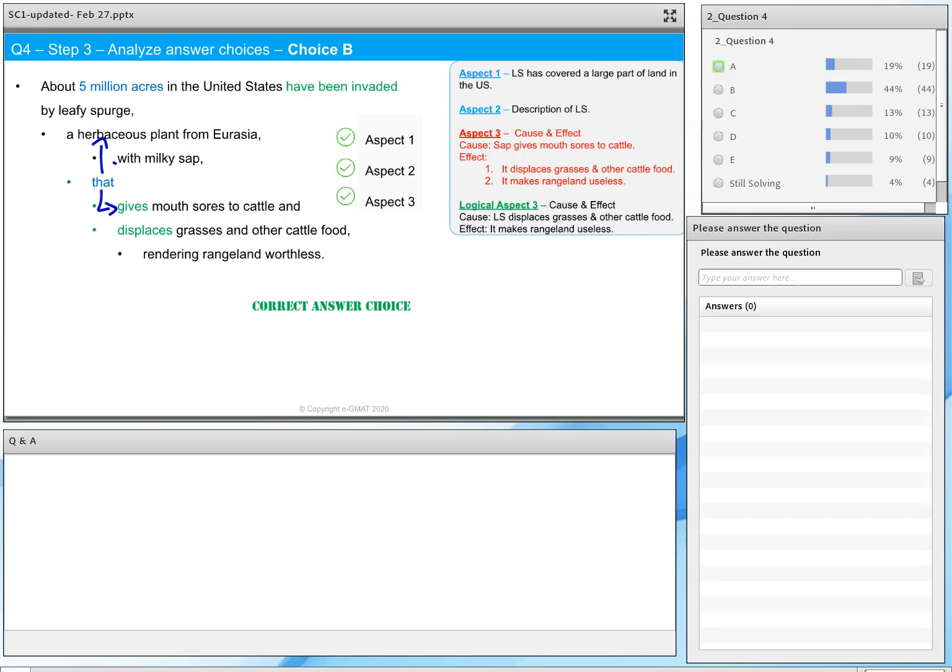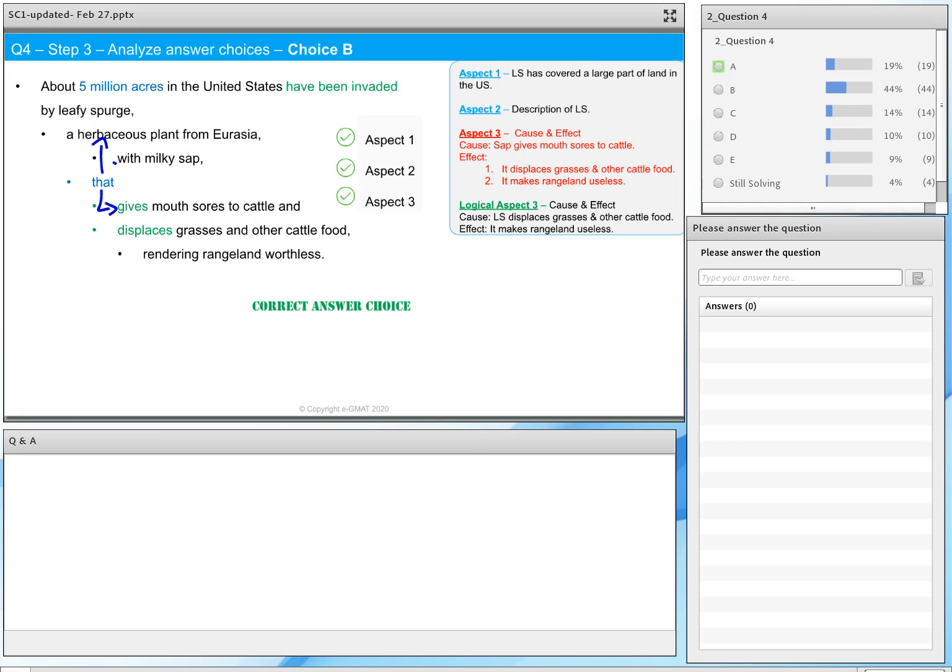So you thought that's extra information. You do not take it into consideration while you are analyzing the usage of that. And so you see that this answer choice is actually changing the meaning of the sentence, because that is now saying that it is the leafy spurge that is giving the mouth sore.